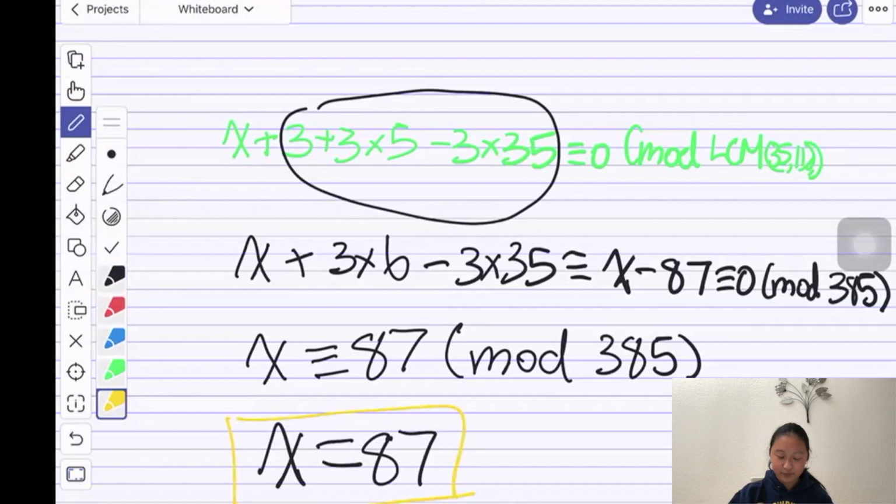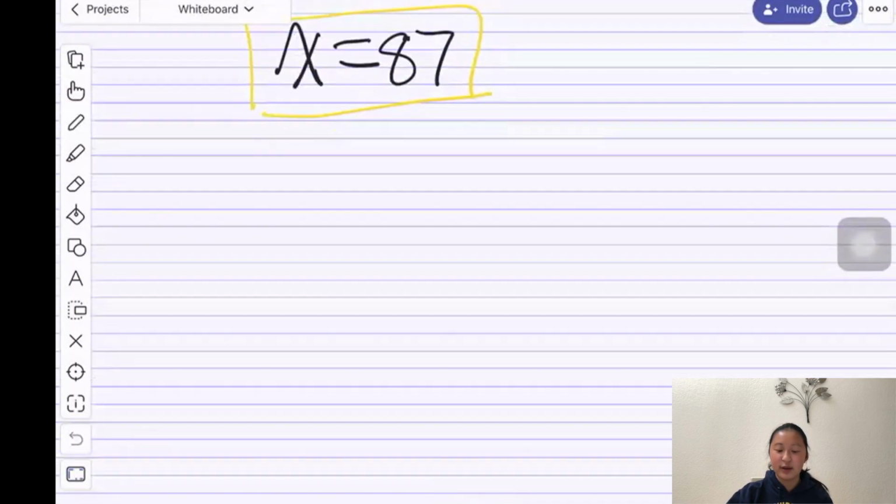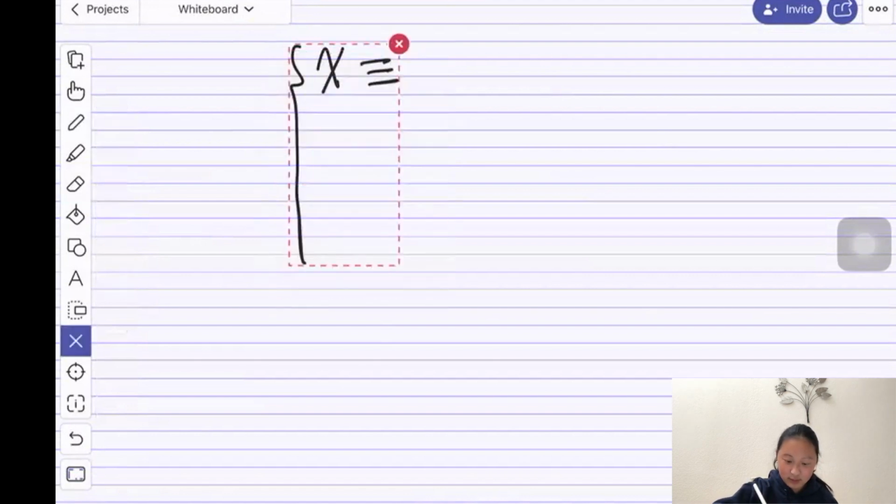Okay, so if we were to generalize our method, let's give it a little more space.